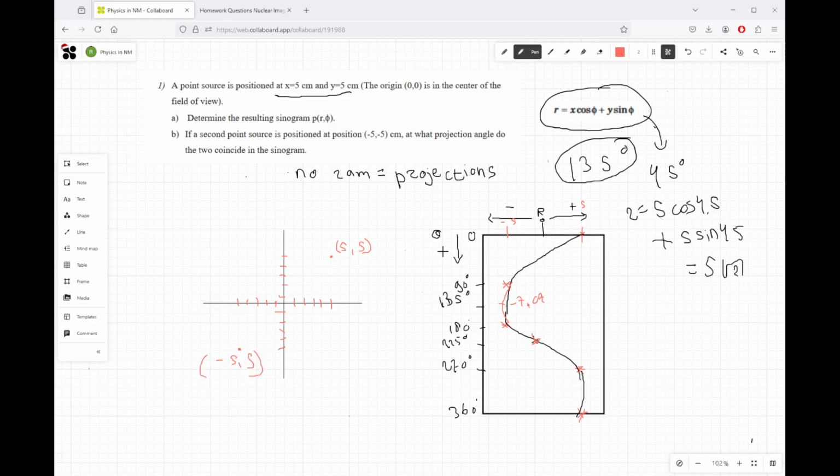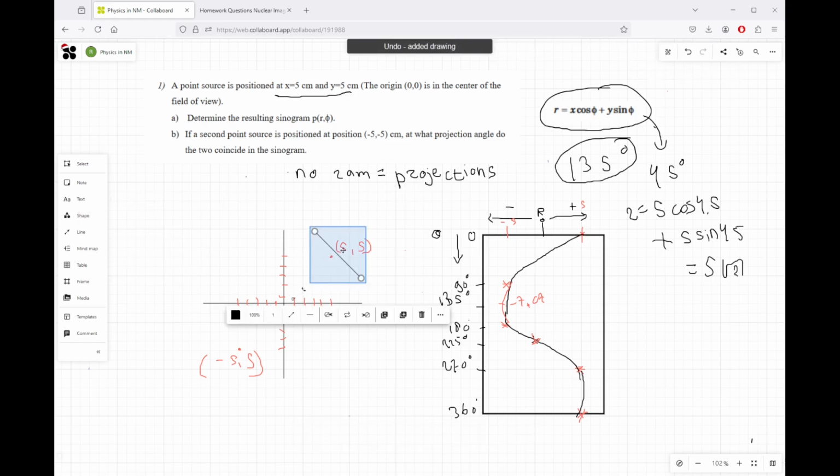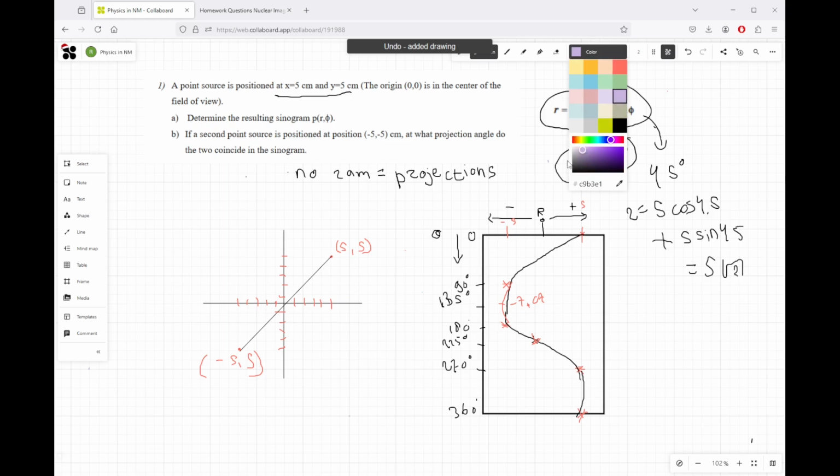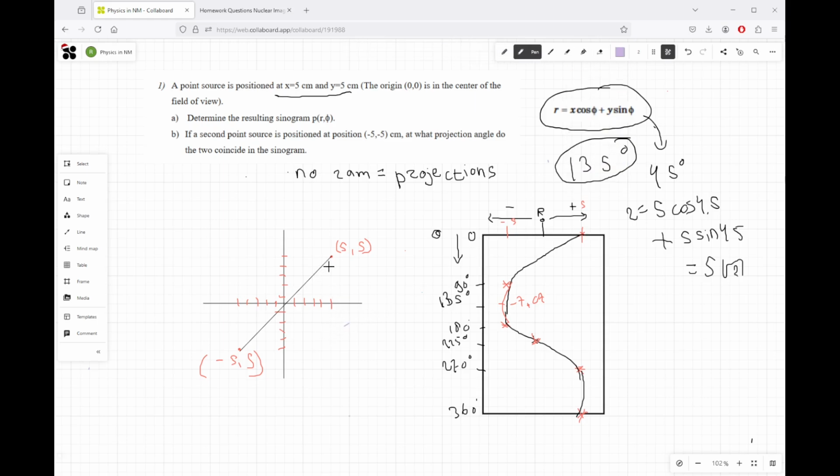So you probably might see that if you have a projection along this line, then you will get that these point sources coincide.